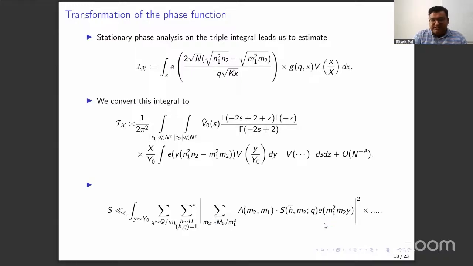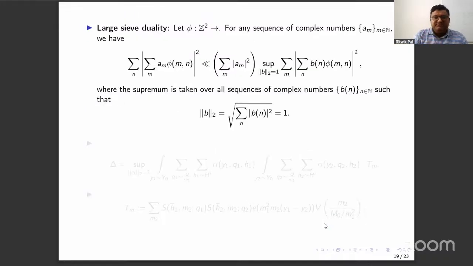At this position, one applies the large sieve duality principle. What large sieve duality does is this: there is a sum over n, and there is an absolute square, and inside the absolute square there is a sum over m.